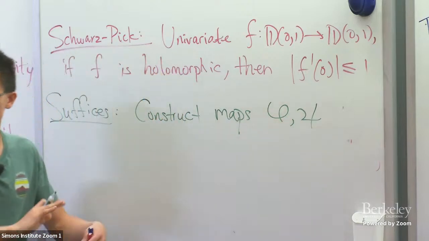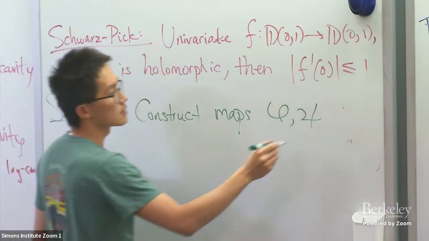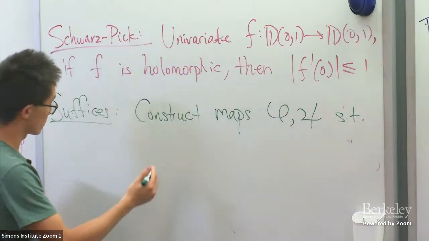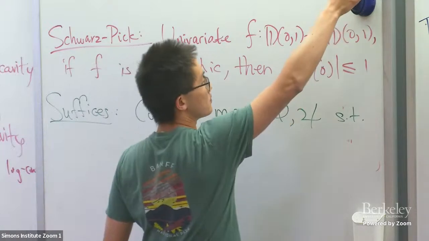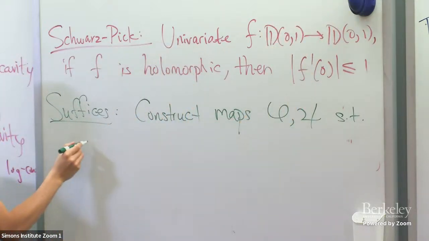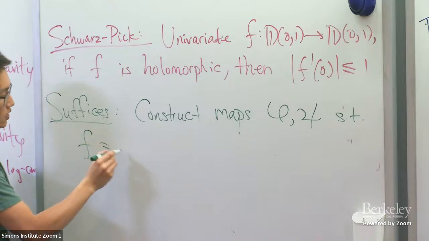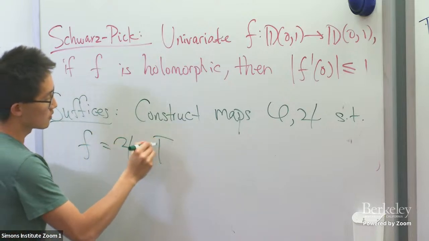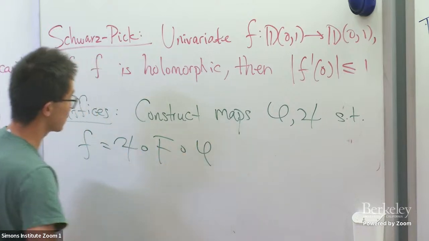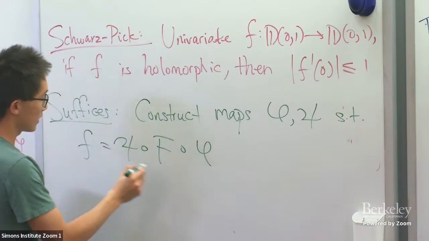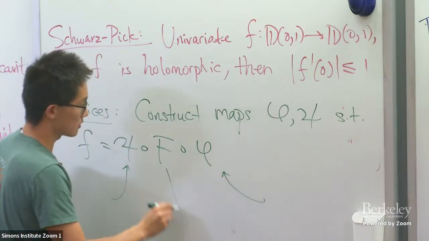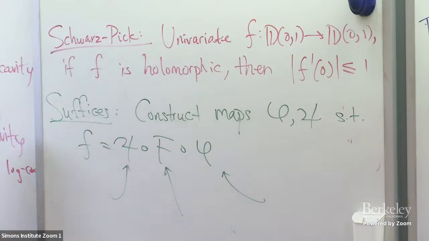I'll specify the image, the domain, and range in a moment, such that if I look at f, which is equal to the composition of these maps, capital F, I'll say in a sec. Let me just label these so you know what they mean.